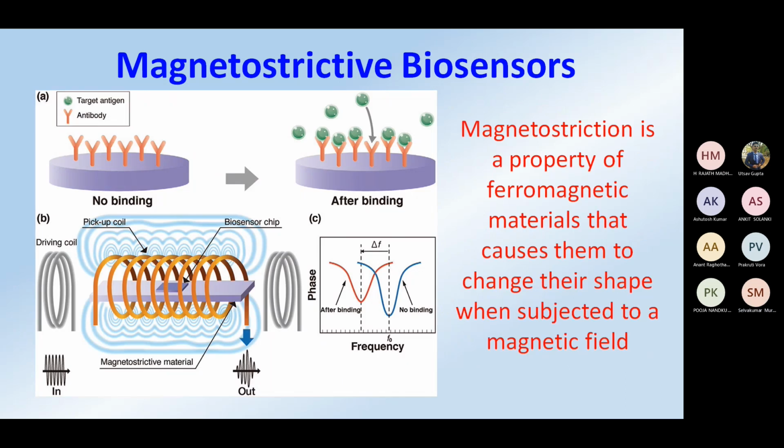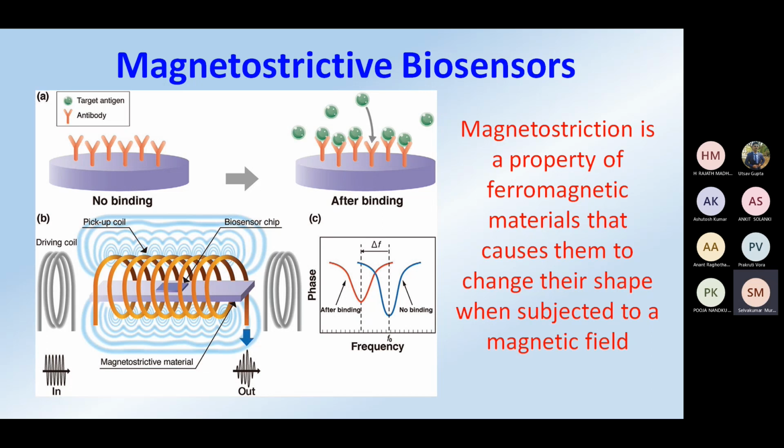Okay. Magnetostrictive means the ferromagnetic property of a material which causes it to change its shape when it is subjected to a high magnetic field.